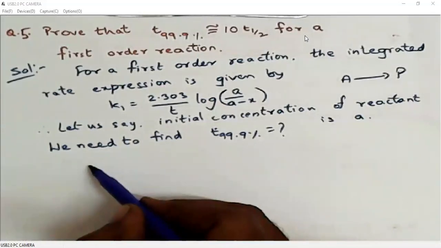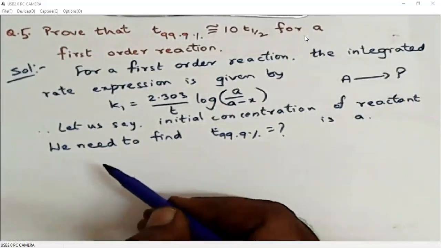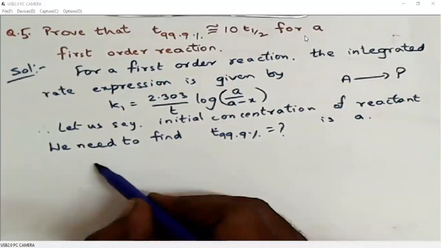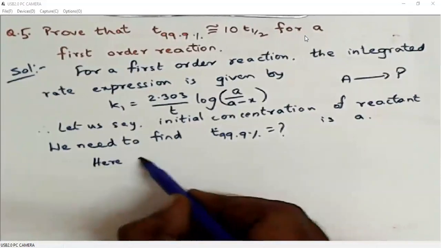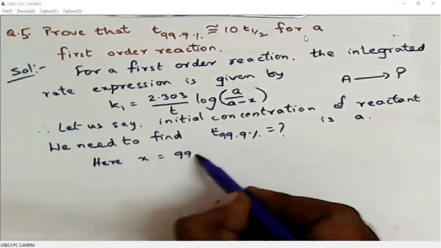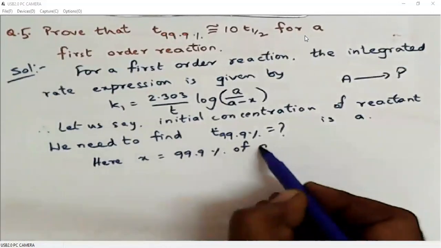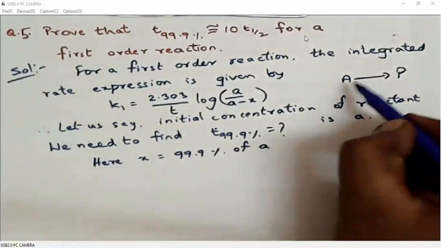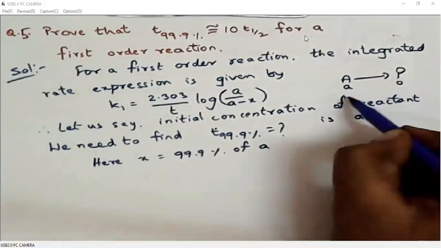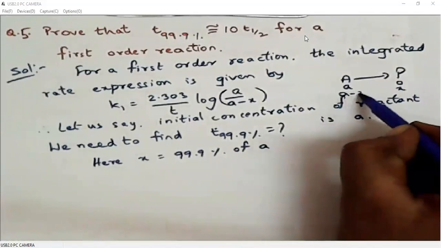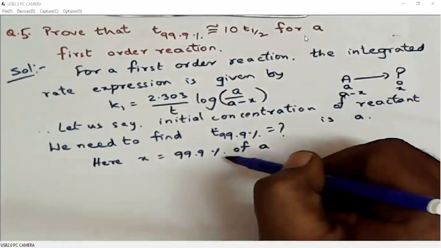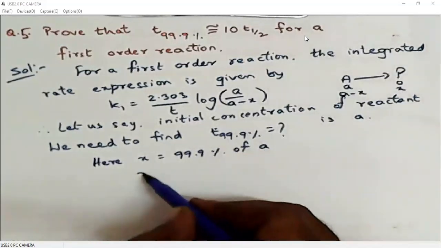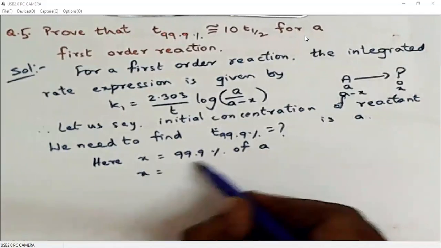So if a reaction is 99.9% completed, that means X becomes 99.9% of A. Now the concentration of X is 99.9%, or we can convert this into numbers by dividing it by 100.